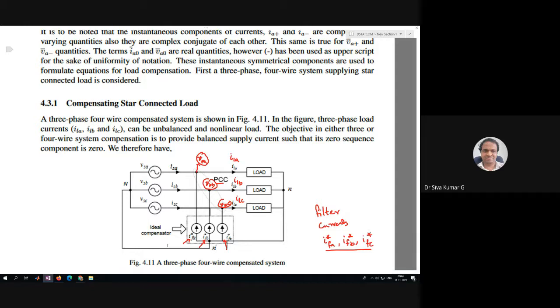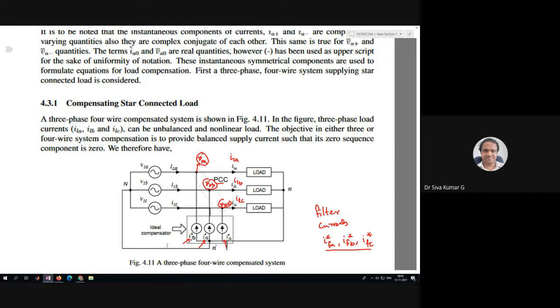In deriving these filter currents using the instantaneous symmetrical component theory, we need to consider the objectives of the compensator. You know what the shunt active power filter or the distribution compensator is going to do.